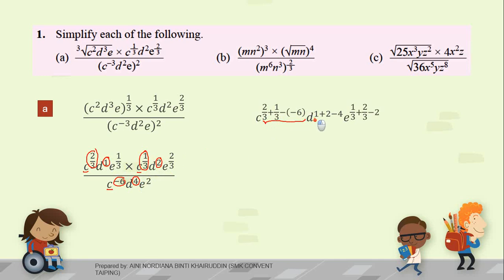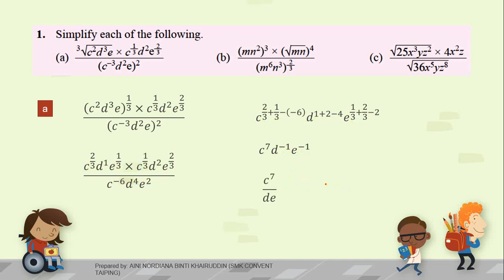So, this is for d. For e, 1 over 3 plus 2 over 3 minus 2. You can use your calculator to calculate all these powers. So this is the answer. Since this is in negative index form, we change to positive index form. We put this in the denominator.